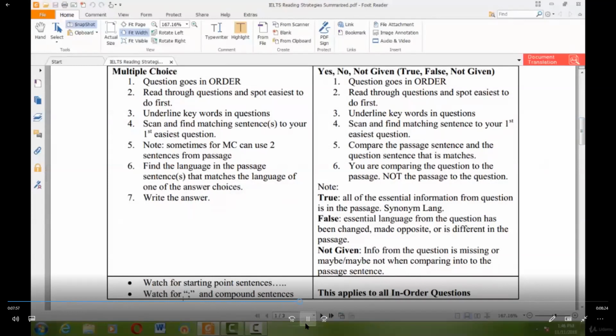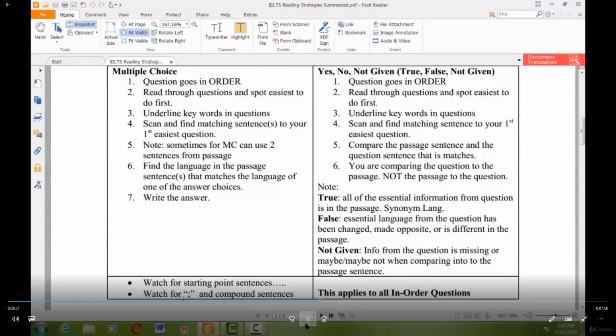There'll be certain language in the question that is from one sentence, and then the other part of the language in the question is actually what's being used for the true, false, not given, or for the fill the blank question. So there's a part of the sentence that's really just a starting point, and then the second sentence is actually what's being used for the comparison, for like a yes, no, not given question. And sometimes you see the same thing with the semicolon.